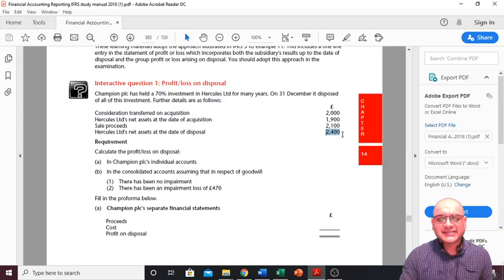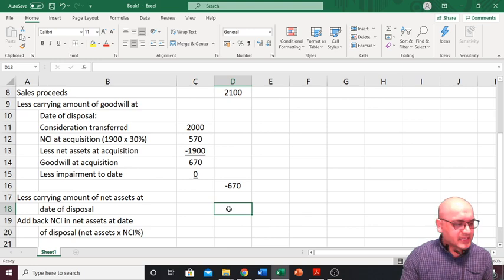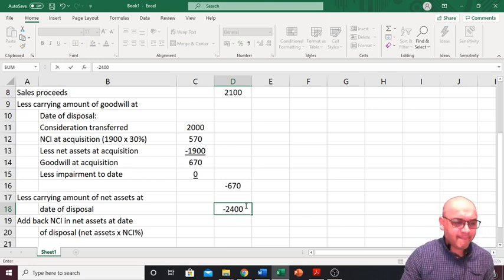Hercules' net assets at the date of disposal are 2,400. If it is not given, again, as I said, you consider the total assets of Hercules minus total liabilities, that would be net assets, or simply take the total of the equity section. So now that will be deducted from here, 2,400.